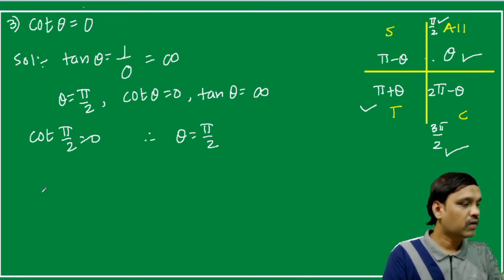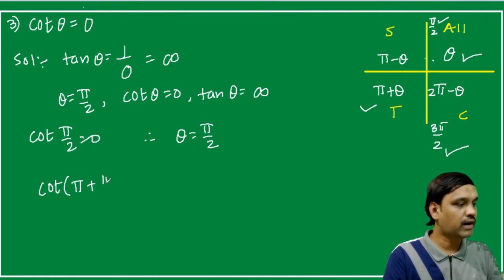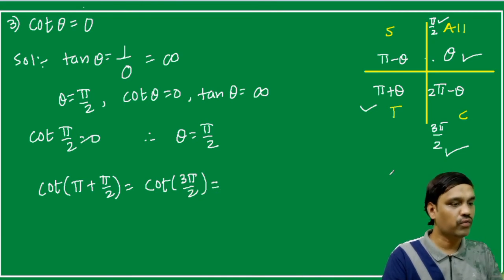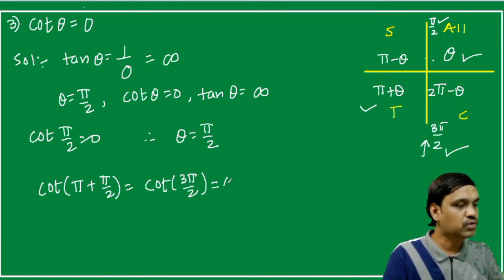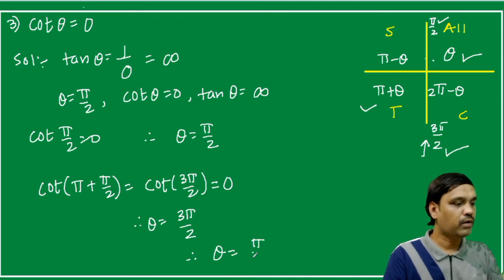So we can write cot of 3 pi by 2, and the value of cot there is also 0. So you can write theta equal to 3 pi by 2. And therefore our principal values of theta are pi by 2 and 3 pi by 2.